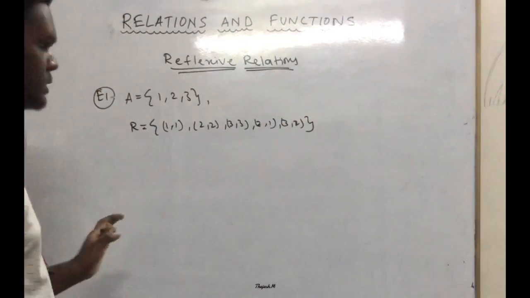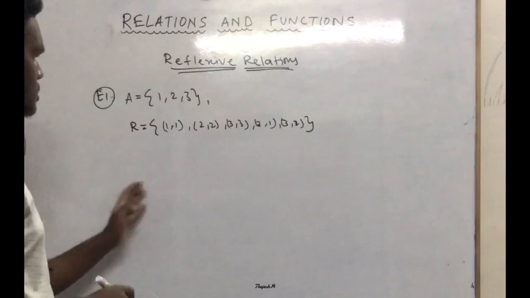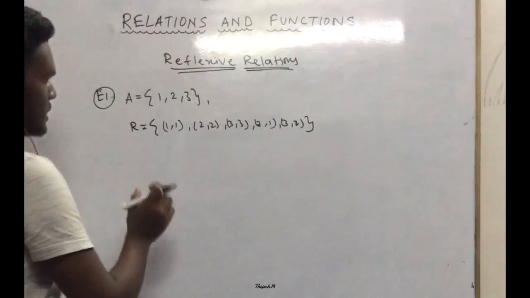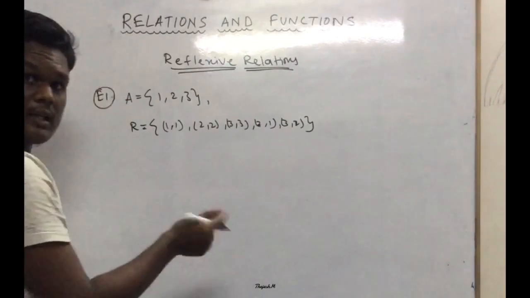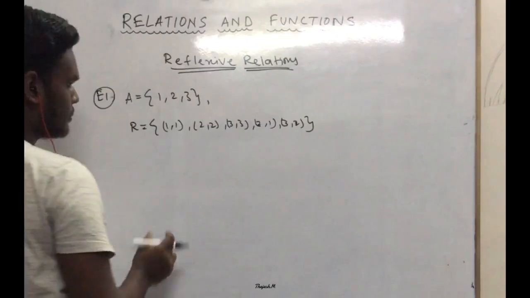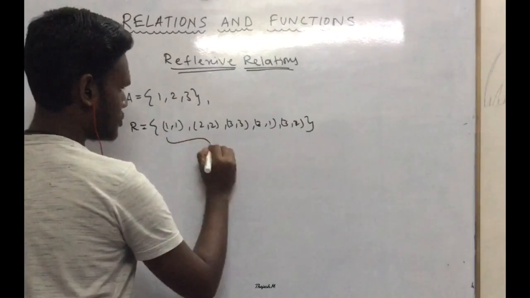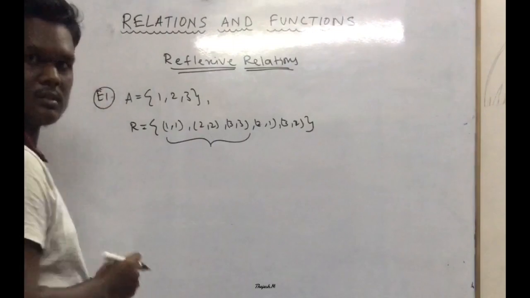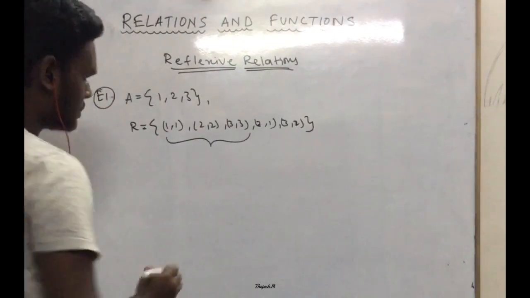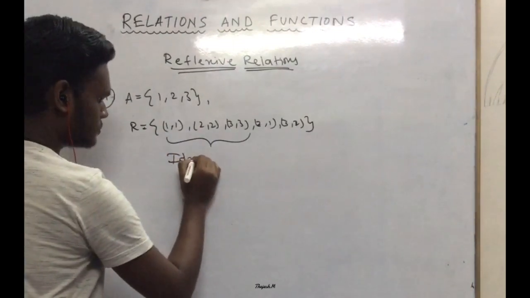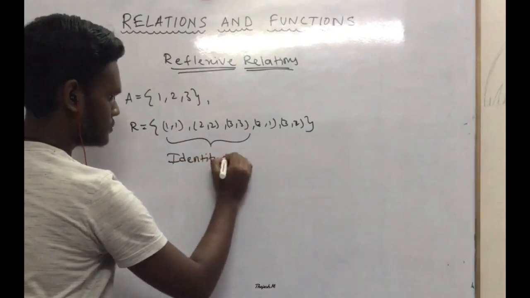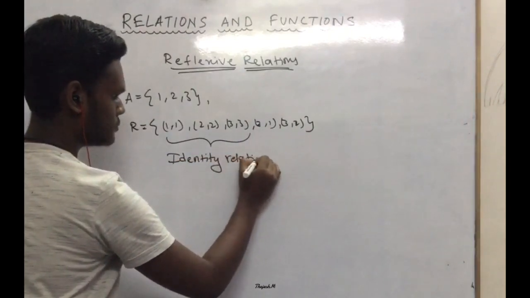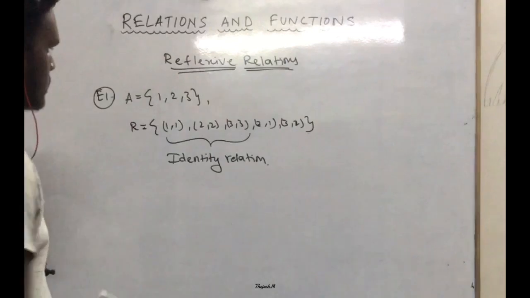Is this reflexive or not? To check if the relation is reflexive or not, check if this relation contains an identity relation. If you check these 3 ordered pairs, this is an identity relation. Am I right? Correct.